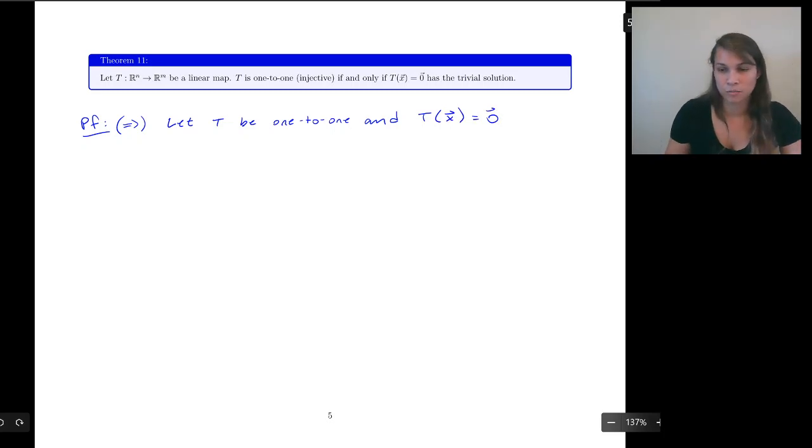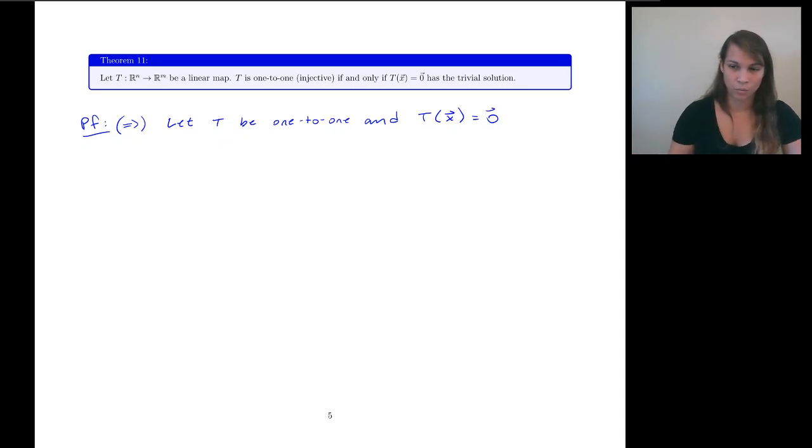So we haven't assumed the conclusion. The conclusion would be that T of x equals 0 has the trivial solution. I'm not saying anything about the trivial solution. I just said that it was equal to 0. So in order to prove our theorem, we need to prove that x is going to be equal to 0.